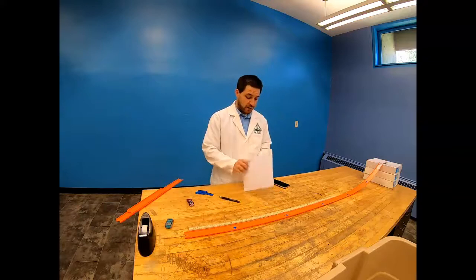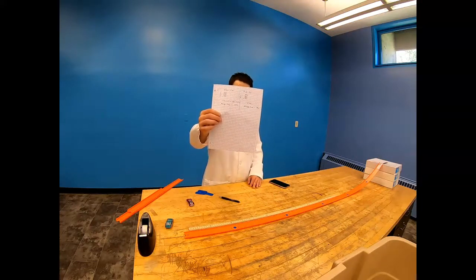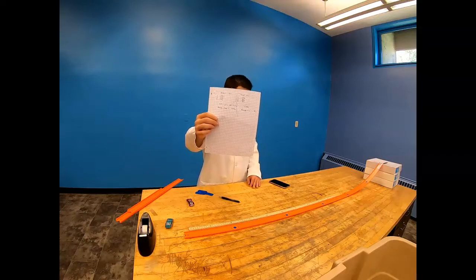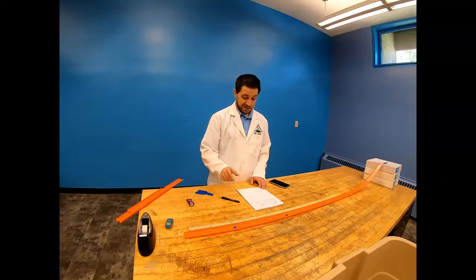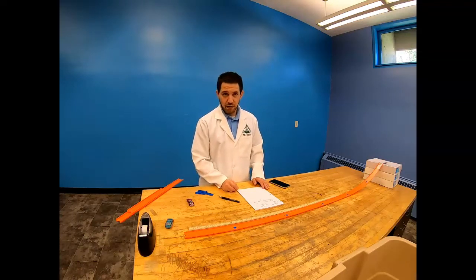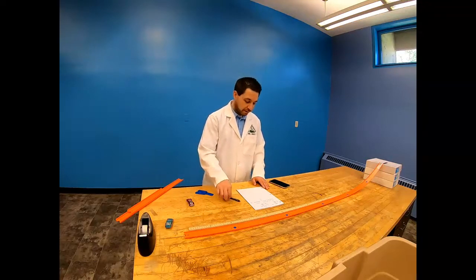So what we can tell from our average times, which I have worked out there for you, is that the pink car was taking a little bit longer. So the pink car was traveling slower. We expected to have a smaller velocity.